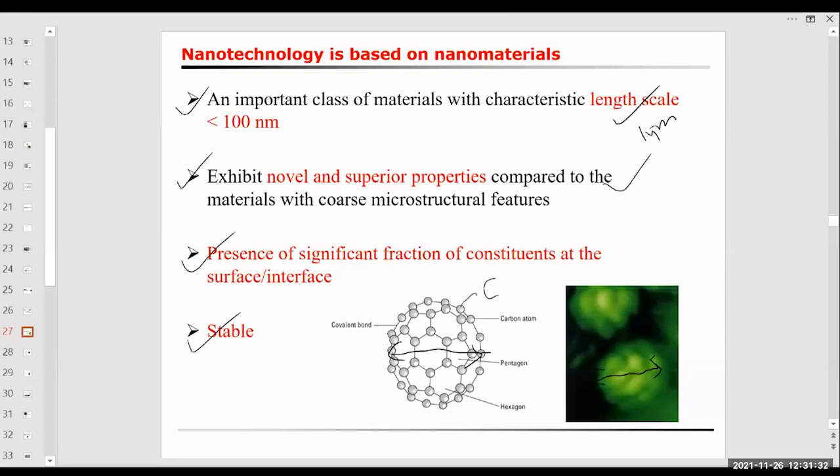From the moment we synthesize this C60, it is used in a solar cell and put in application, until the life of the solar cell is over, this C60 should be stable, phase wise, crystallinity wise, size wise, properties wise, all of it has to show stability. Only when these four things are satisfied, we call such a material a nanomaterial. In this case, it is C60, which is the smallest allotrope of carbon.